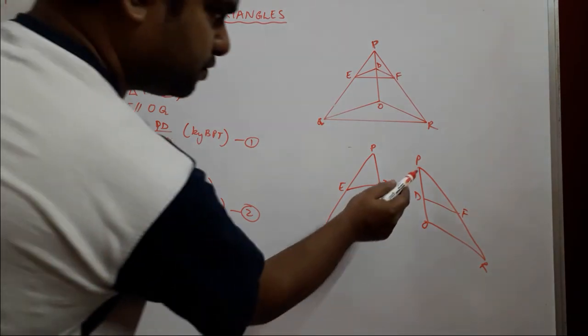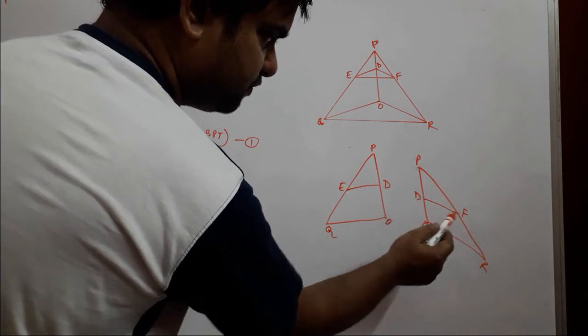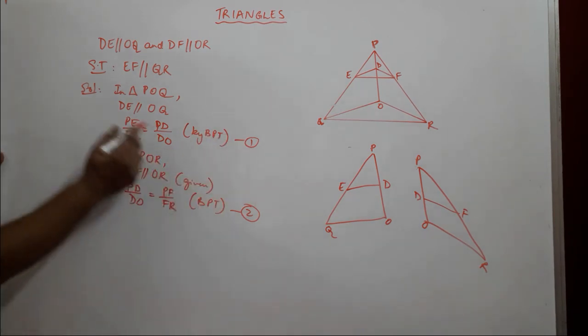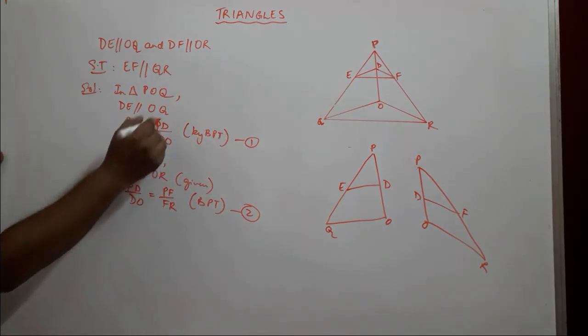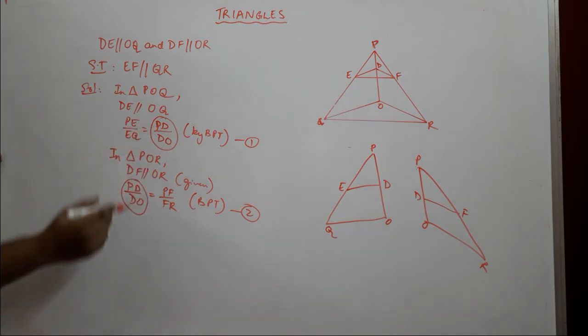Okay, so we only said PD upon DO is equal to PF upon FR because DF is given parallel to OR. Now from 1 and 2, if you have a look at them, what is common between the two? It is PD upon DO, that is common to them, which means that these two also should be equal.